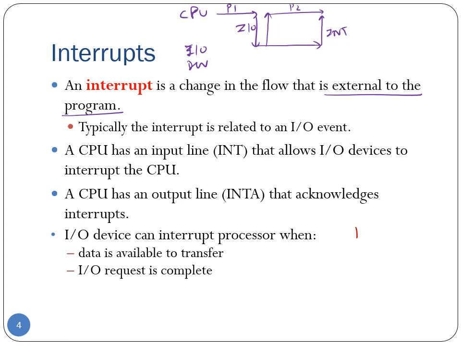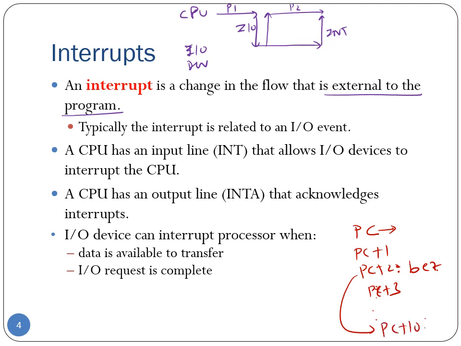Typically when a program executes, it executes sequentially. So right now let's say we are executing at program counter PC, then we'll next execute PC plus 1, PC plus 2, and so on. Let's say at PC plus 2 we encounter a branch instruction, let's say a BEZ instruction, and as a result of this, instead of going to PC plus 3, we may actually jump directly to, let's say, PC plus 10.